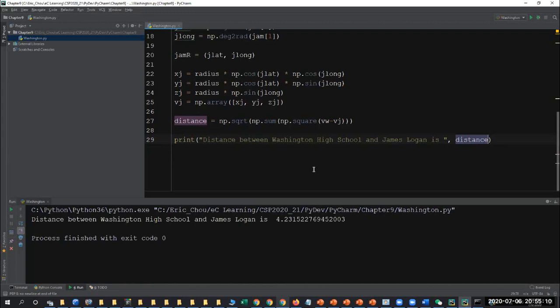Four kilometers. So this is actually 4 kilometers.